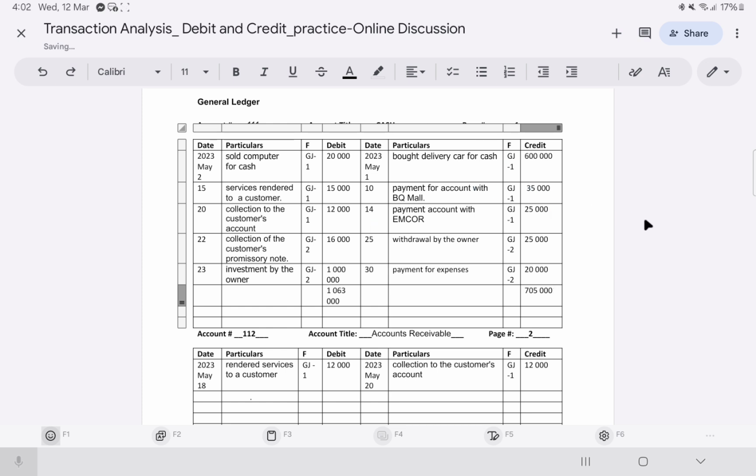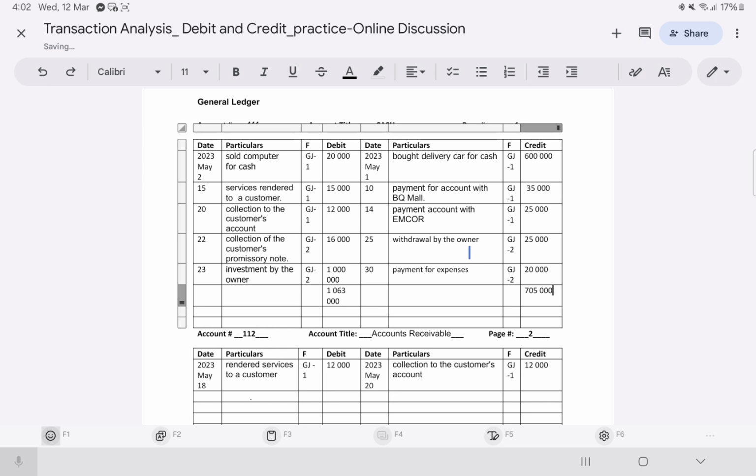This is not fixed yet, because you cannot find out if your general ledger is correct if you are not yet done with your trial balance, no? So you can check that you have an error if you cannot balance in your trial balance.